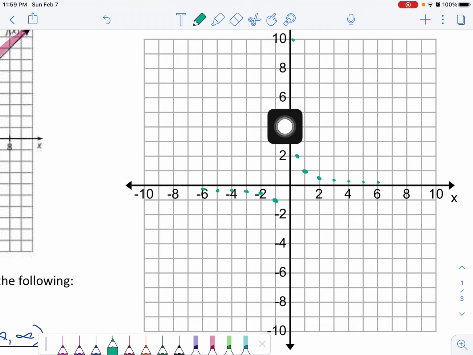And at 1/100th, I don't even know how to graph that, because I'd need to get up to +100, and this graph doesn't get to +100. And then at 0, it said it was undefined. So I don't have a value on this y-axis, because if I had a value, then 0 would be defined.